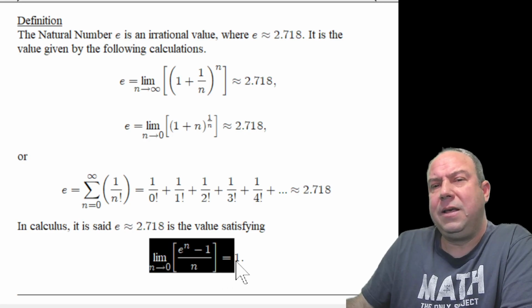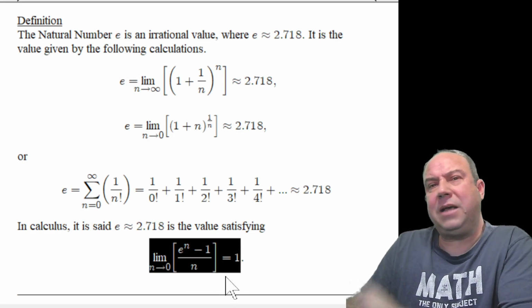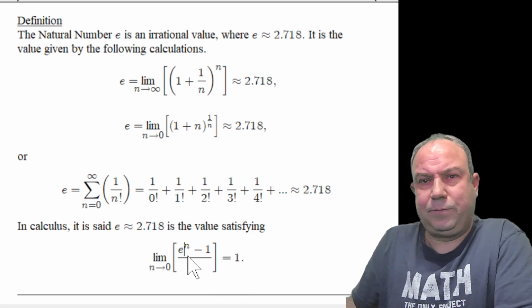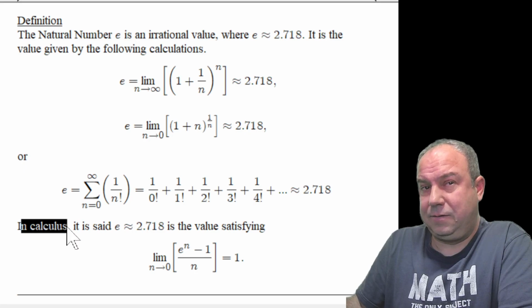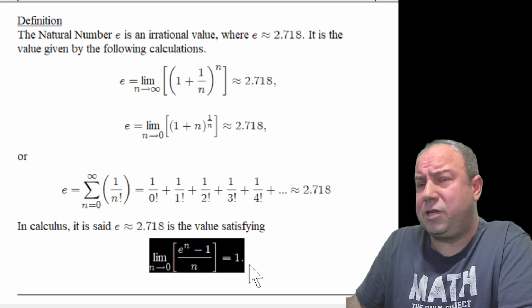E is the value that makes this limit true, is what we say in calculus. And we will use this result.